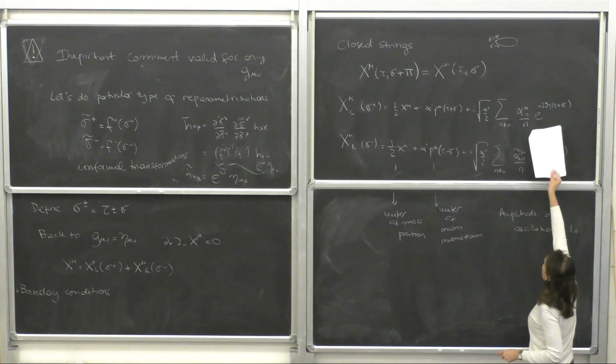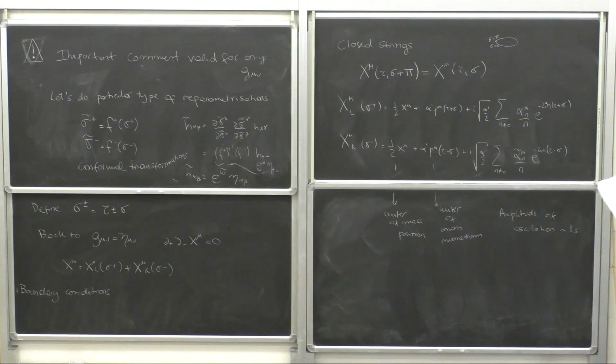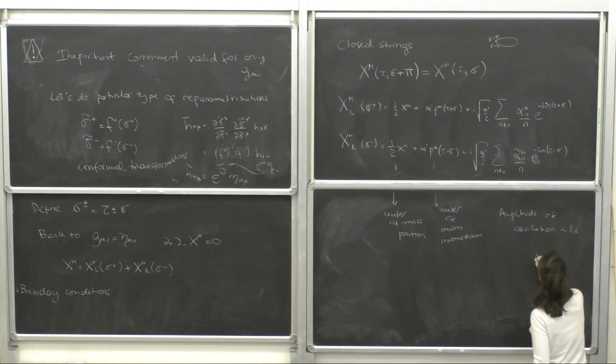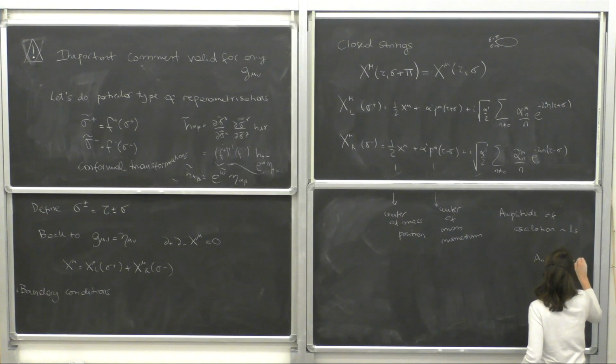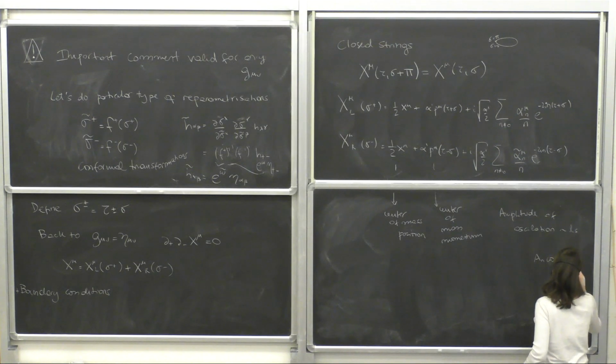And this alpha mu n are the modes. In general, when you write plane waves, you write a n cosines or sines of tau plus sigma plus b n sine of tau plus sigma, well, actually of 2 times that.